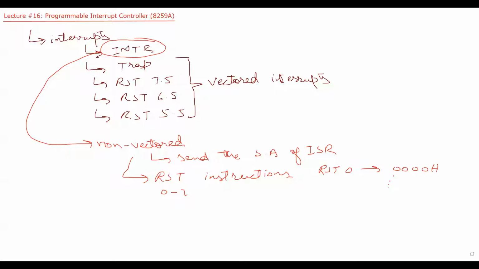For example, if my keyboard has to send an input, we will press a key, the INTR will go, and based on the key, we can say whether we have to use RST 0, RST 1, or whatever we have to use. So INTR is used to do input-output communication. Fine.